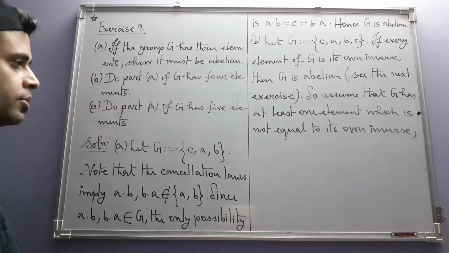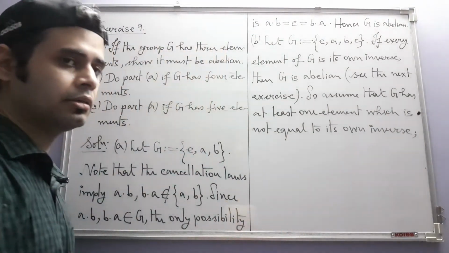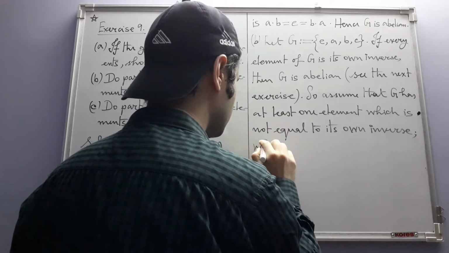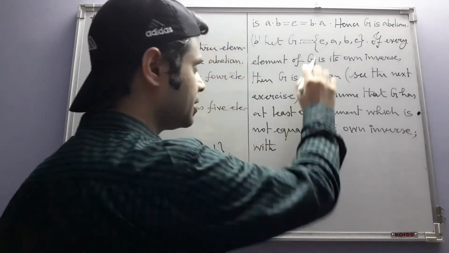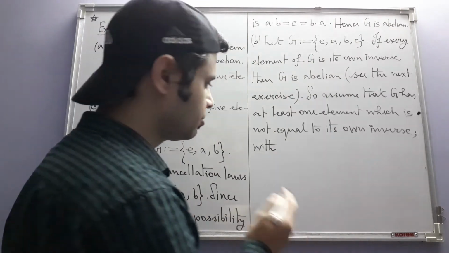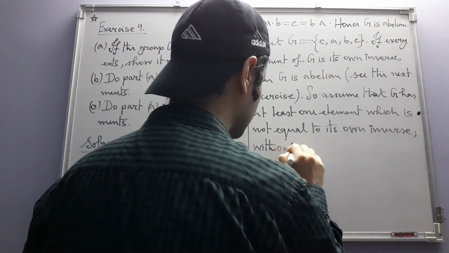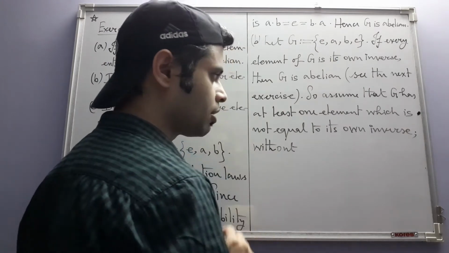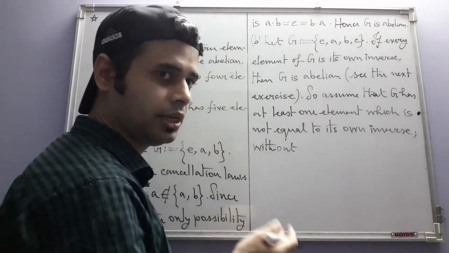Okay, but which one? That element definitely cannot be E, because E is its own inverse. So that element will be one among these three elements, A, B or C. So without loss of generality, we assume that to be A.